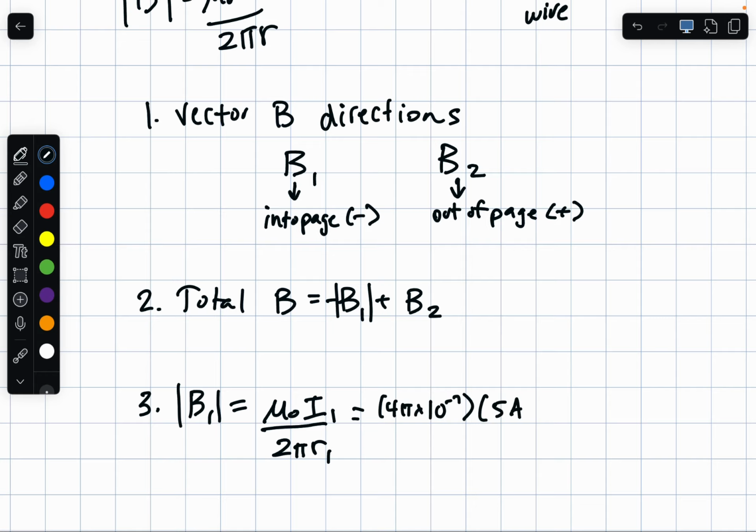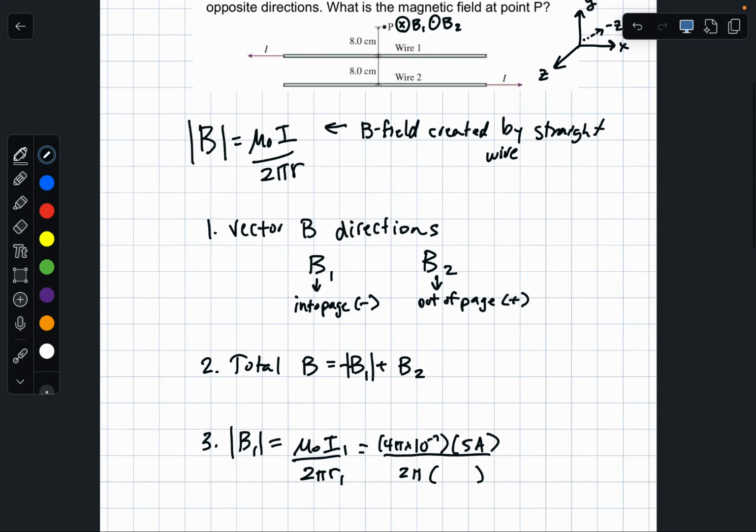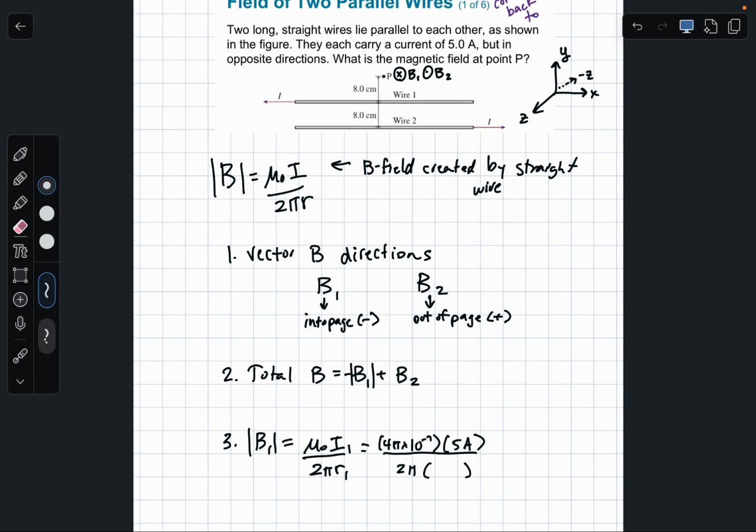I1, I believe, was 5 amps. And then R1 is the distance that wire 1 is from the point, which is 8 centimeters. It's this distance right here, 0.08.